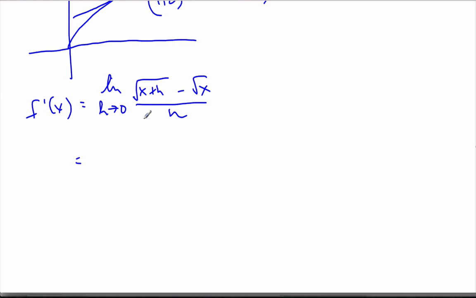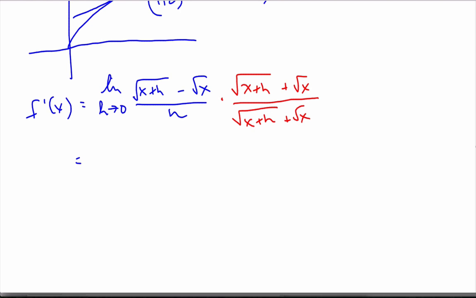Now, this one's a little bit different, and so the trick I have to do here is I have to rationalize the numerator. And this will do some magical things to my equation to get rid of certain aspects to allow me to take the limit.